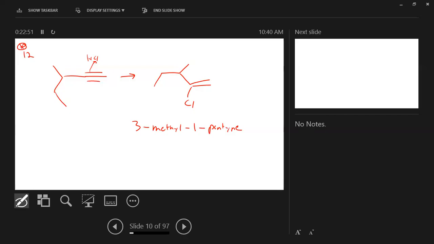I guess this is 12. Yeah. And that was just with one equivalent. If we added two equivalents, that's what the next one wants us to do.